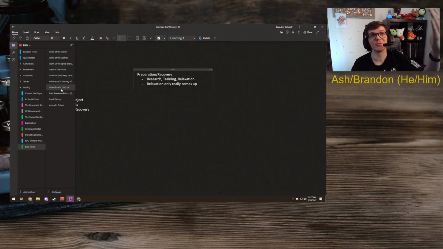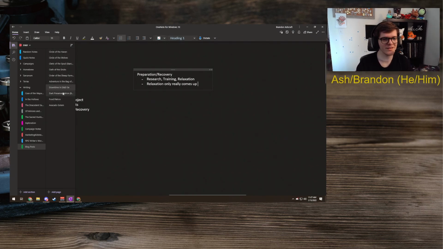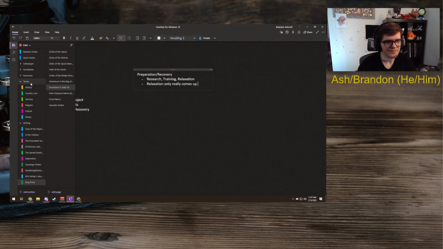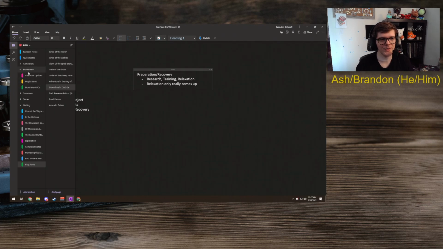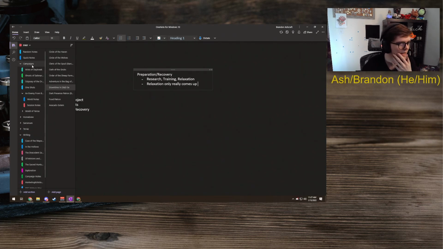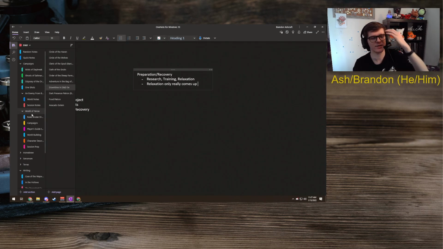Also, here's some hints, if you can read any of this, on what might be coming this year. I split my games up based off the world name. So Terrax is my first homebrew world. Sarcanum is the one from Strings Attached. Any homebrew stuff that I don't plan on posting, I throw in here. Then campaign notes all ended up in one spot. You have World of Terrax, which became my big West Marches game.